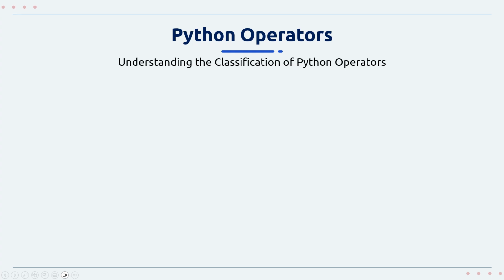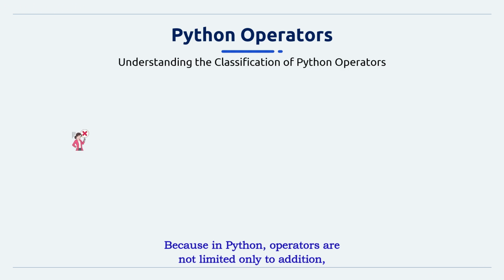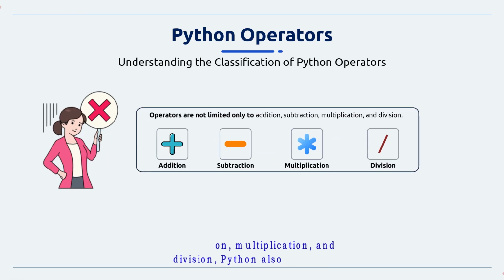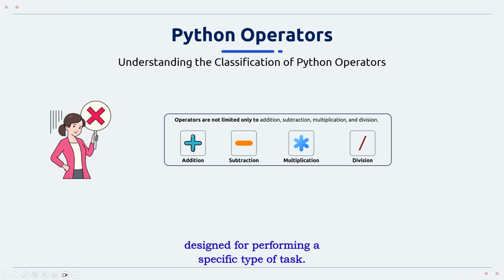Now, before studying arithmetic operators in detail, first we must understand the overall classification of Python operators. Because in Python, operators are not limited only to addition, subtraction, multiplication, and division. Python also provides different categories of operators, and each category is designed for performing a specific type of task.